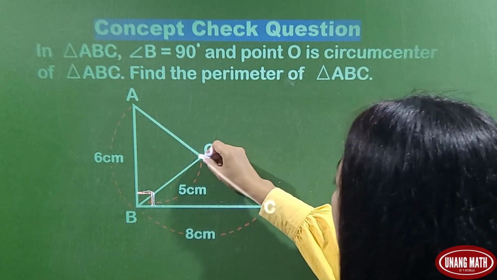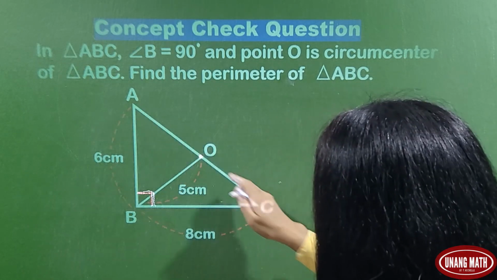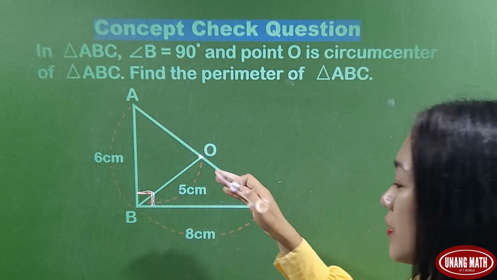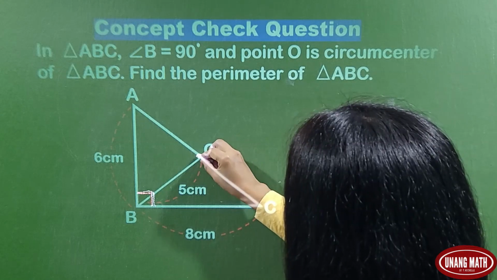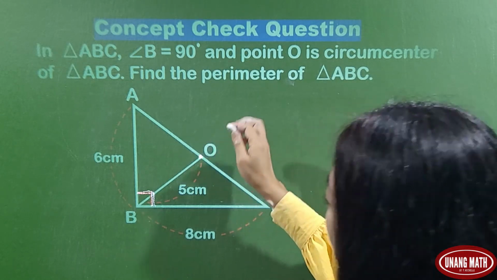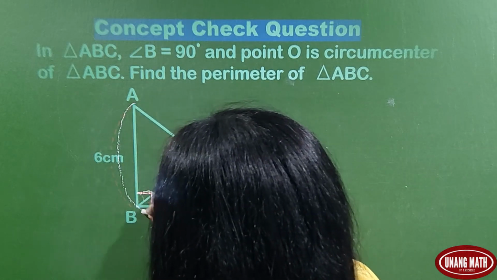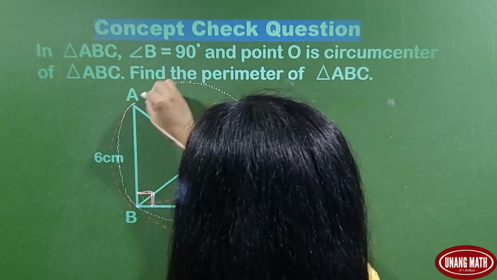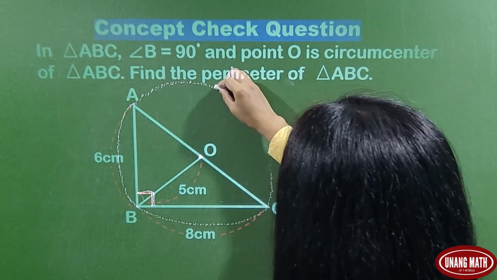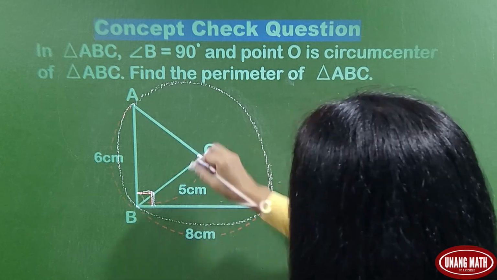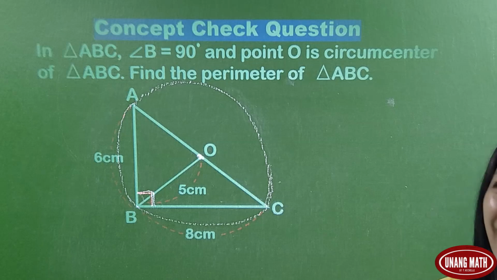Again, if this is the circumcenter, then it divides this hypotenuse into equal lengths. And this circumcenter is also the center of the circle. If we draw the circle, it looks like this. So this point O is the center of the circle, or the circumcenter of this triangle.